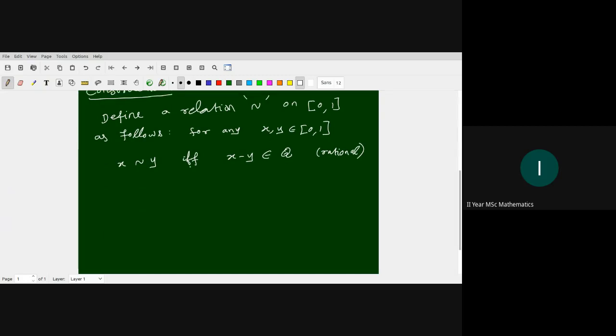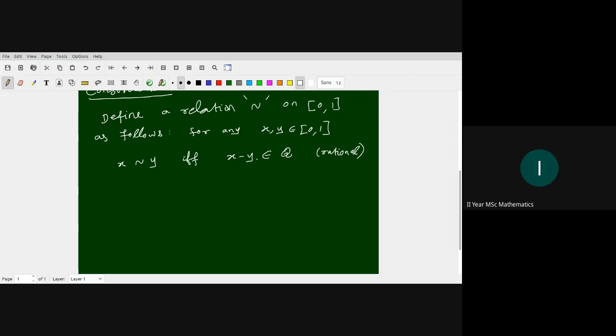x minus y rational, give examples: two numbers that are related or not related. 0 and 1 are related, since 1 minus 0 is rational. If I take any two rational numbers, the difference is rational, so any two rational numbers are related by this relation.